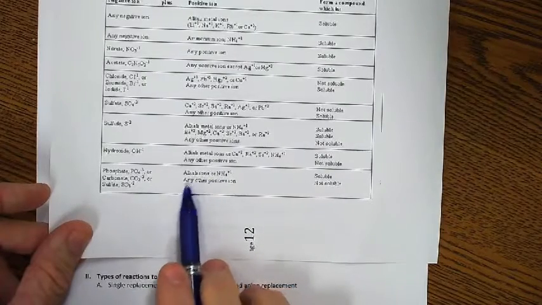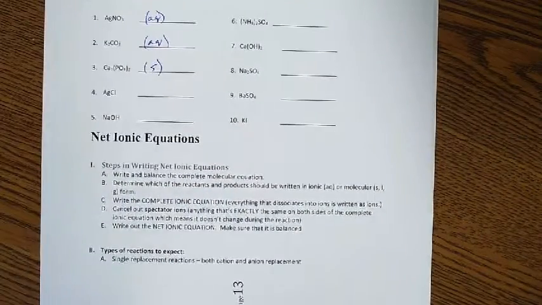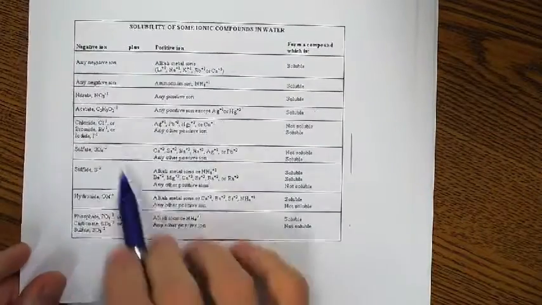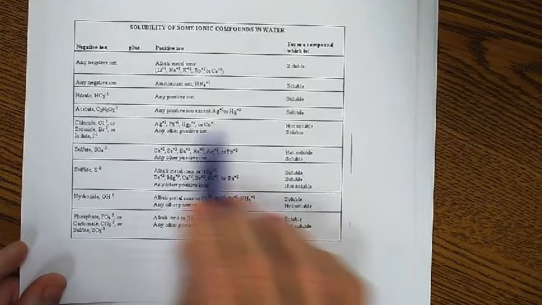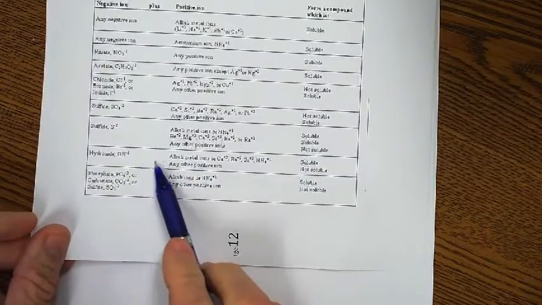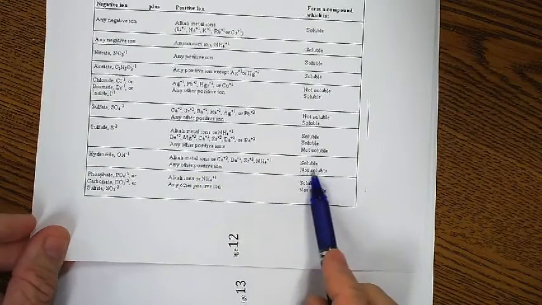Calcium is not in column 1, it's any other positive ion, so it is not soluble, so that would be a precipitate. Silver chloride: there are all the chlorides plus Ag, not soluble again, so that would make a precipitate. Sodium hydroxide: hydroxide with alkali metals, which is what sodium is, is soluble.